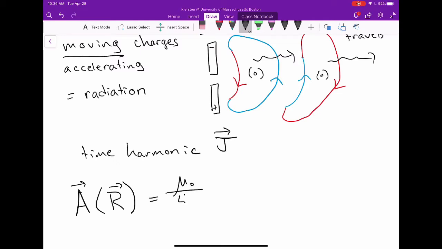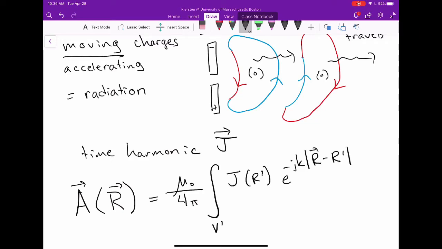Mu naught over 4 pi, integral over some volume V prime, J of r prime, e to the minus j k |r minus r prime|, over |r minus r prime|.